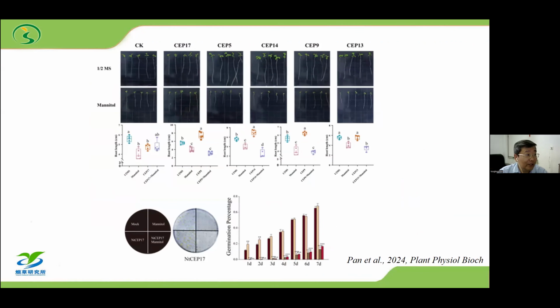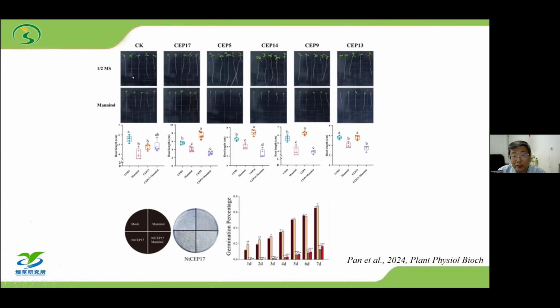We also did a mannitol treatment on seedlings, and of course, a mannitol treatment of seed germination. Again, we see that the mannitol treatment will inhibit root growth. You can see CEP17 peptide will increase root growth even together with the mannitol treatment, but not without mannitol. This is very interesting.